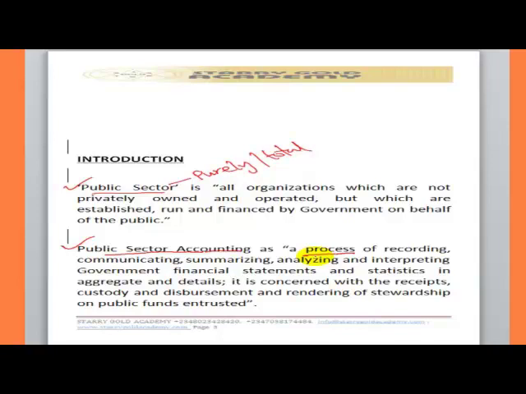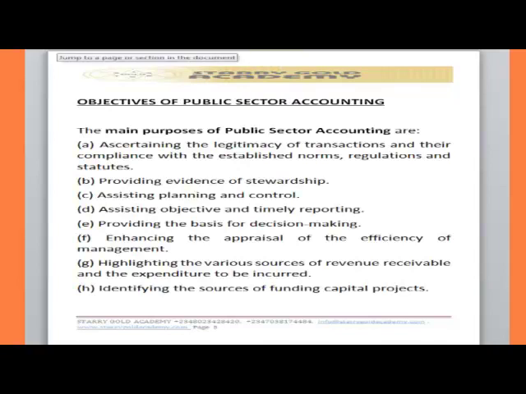When we talk about stewardship, it has to do with the receipt of taxpayers' money, the custody, how safely the money was kept, and how the money was disbursed for the purpose it was meant for. So that is it about the definition of public sector accounting.